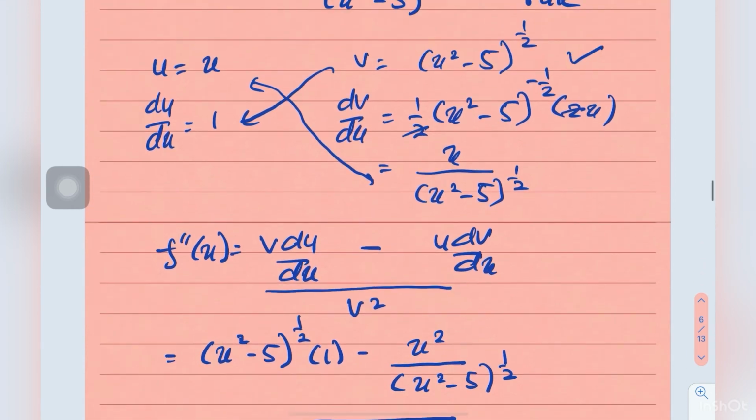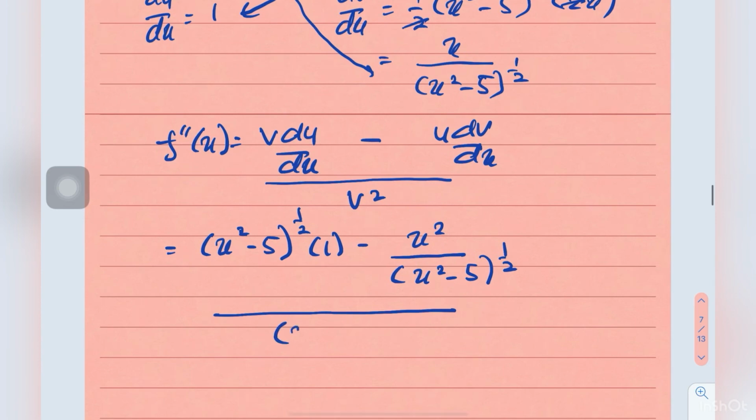This is v, so (x squared minus 5) to the power of 1 over 2, squared. We can cancel off.